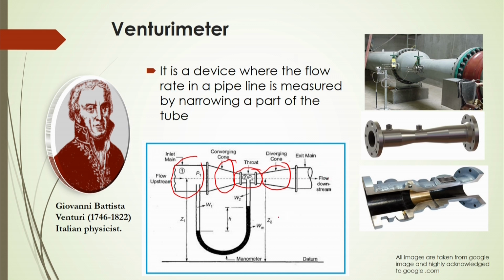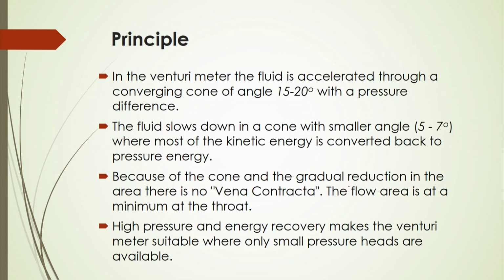You have to measure the pressure drop between two points, in the mainstream and at the throat section. If you measure the pressure drop by manometer between these two points, you will be able to calculate the flow rate.